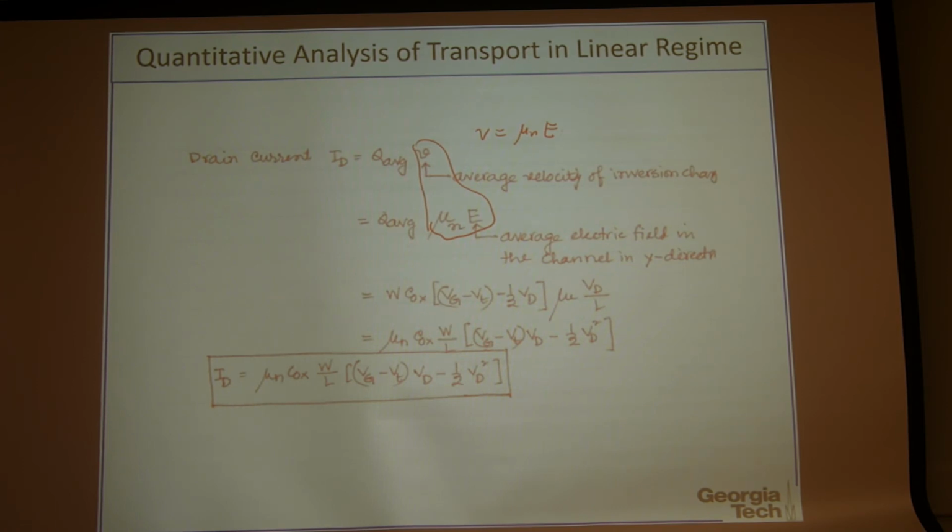And the electric field is from the drain to the source due to the VDS, due to the drain voltage. You have a horizontal field from the drain to the source because you have VD larger than 0 and your source is ground.